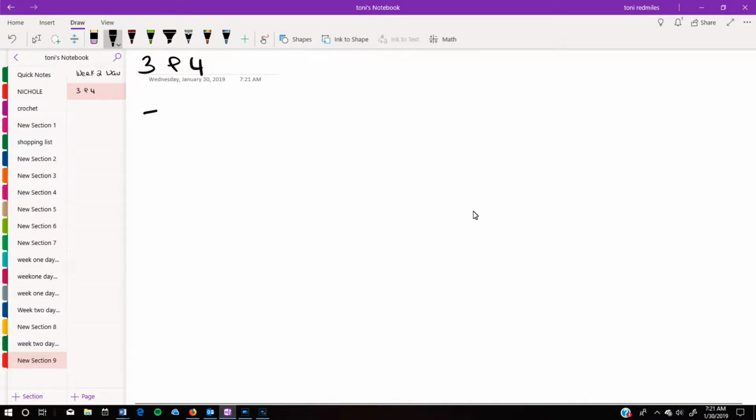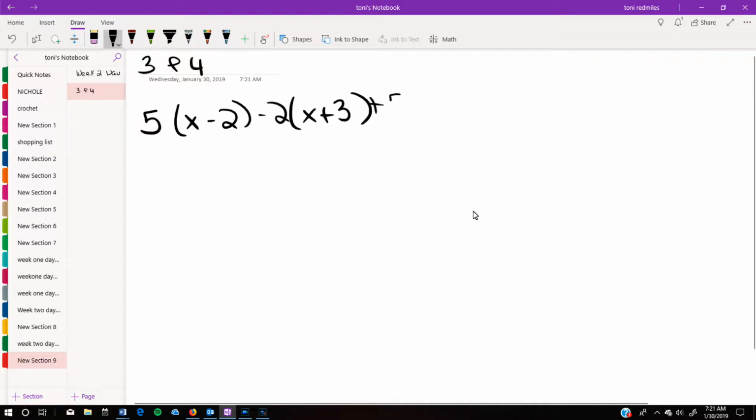All right, and number 3, I have this very, very long problem, but we will get it worked out. So I have 2 distributings. I have this one and this one. So let's tackle the first one. 5 times x is 5x. 5 times 2 is 10.